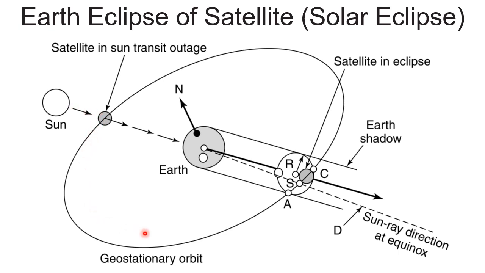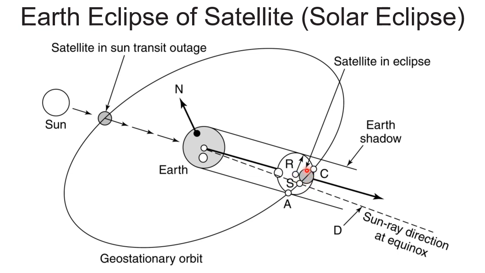But when the sun is here, earth is here, and the satellite is on the far side, then the satellite will be inside earth's shadow region.